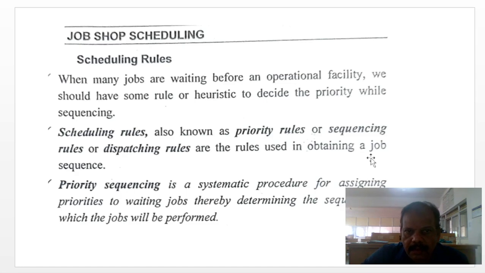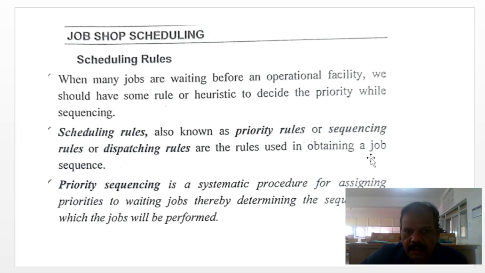The scheduling rules: when many jobs are waiting before an operational facility, for example, queues formed before one machine or work center, then we have to decide which one should be carried out on the machine first and then second. So this sequencing is called the scheduling rules. There are many rules, and we should have some rule to decide the priority of sequencing.